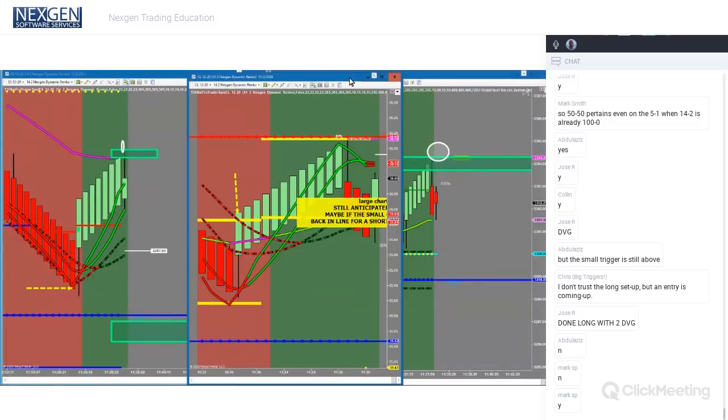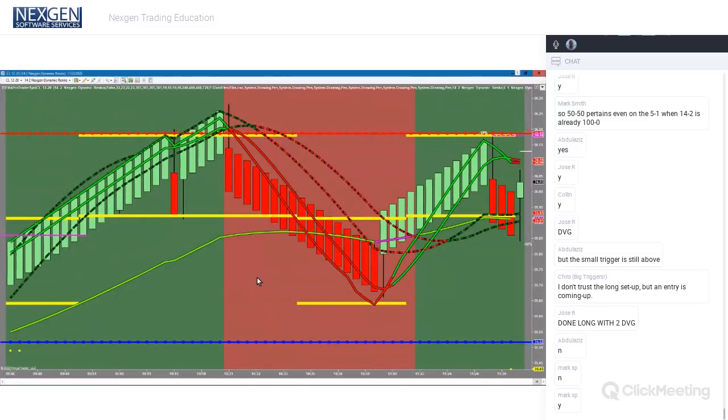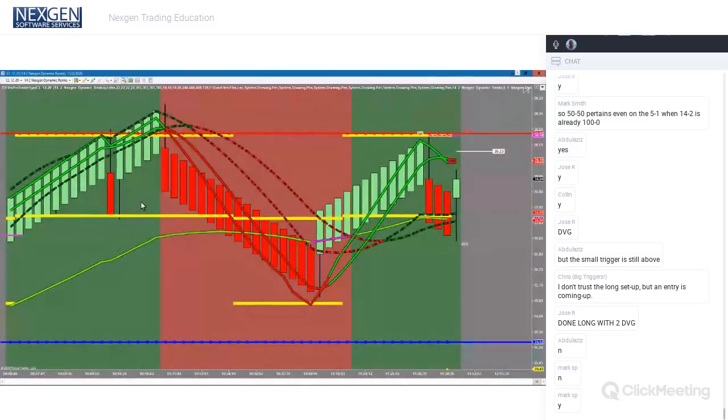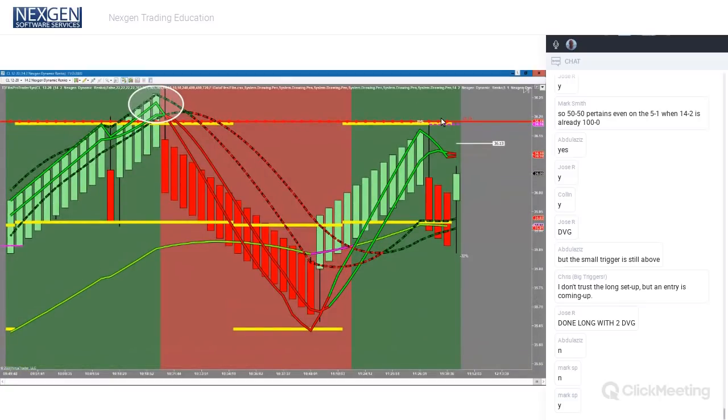For example, let's take a look at our crude oil one more time. This was a pretty darn good top up here. And then this is a pretty good retest. Where are my triggers during this retest, guys? What do you think? Are we about to break through the resistance or not?